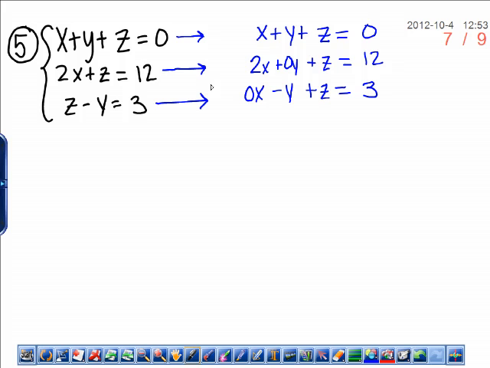Okay, write out your coefficients. I think a lot of people are stuck. We'll come back over here.